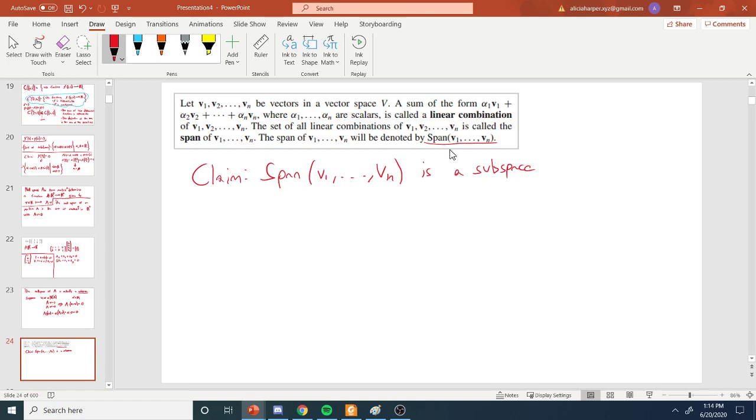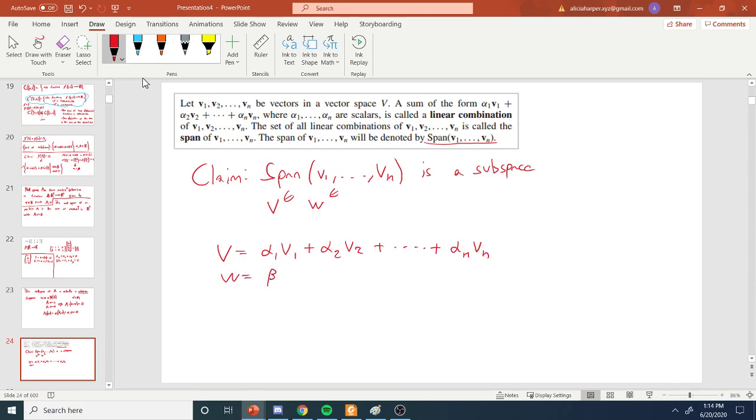All right. So let's look at two elements of the span. I'm going to look at an element V and an element W. V here is going to be alpha 1 v1 plus alpha 2 v2 plus and so on up to alpha n vn.